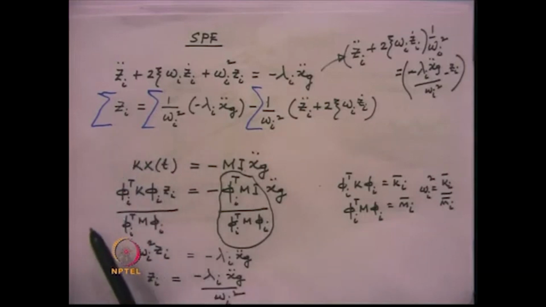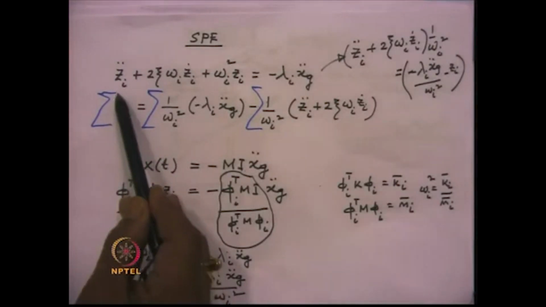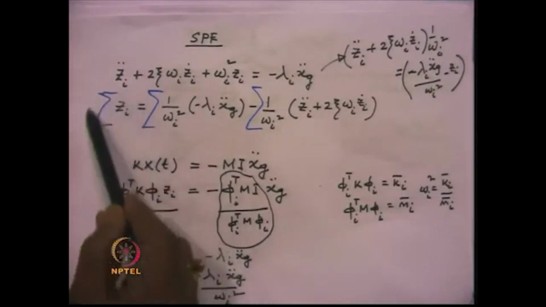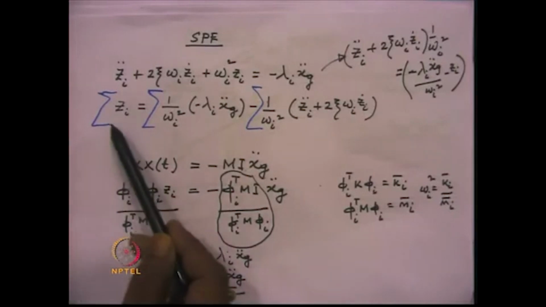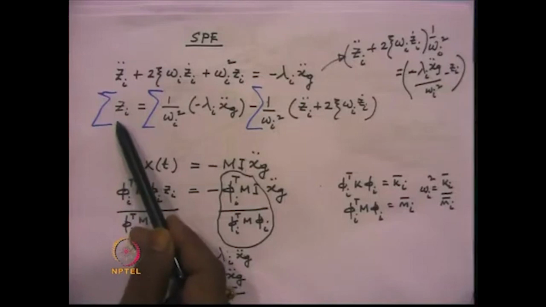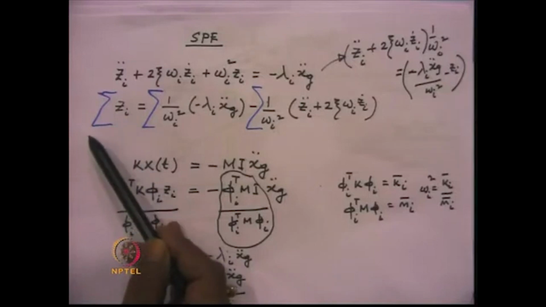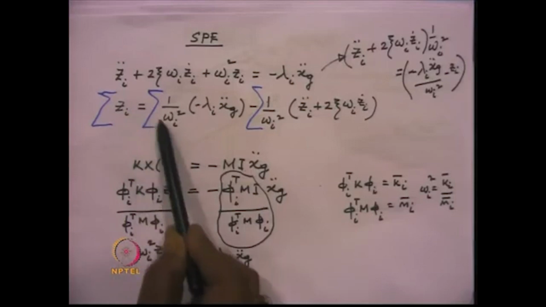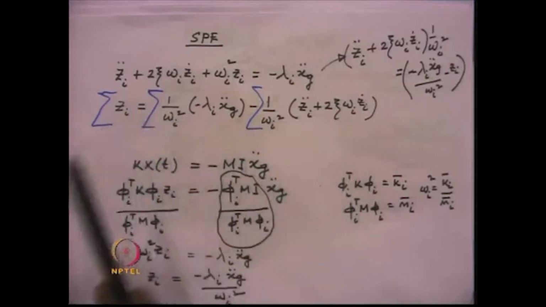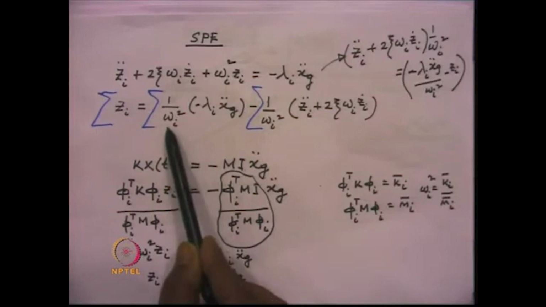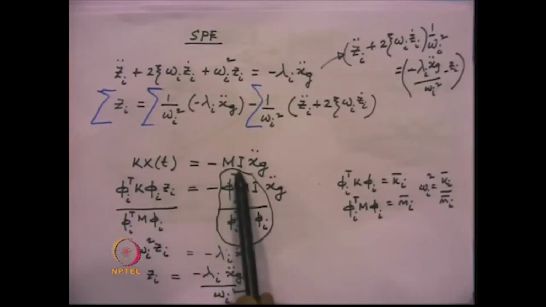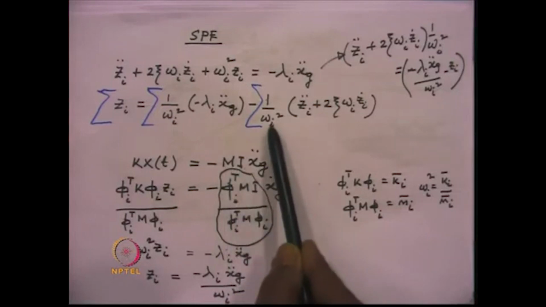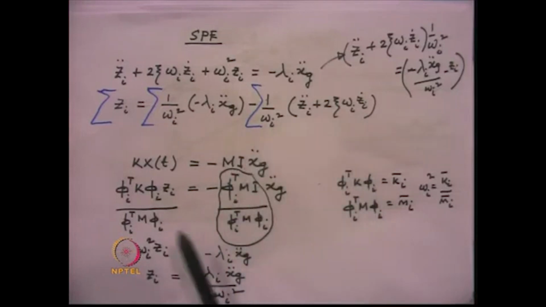So, what we say is that if we wish to find out the response of the system by adding up the contribution from different modes, then we can split this response into two parts. One is a quasi-static part, which can be obtained by solving this quasi-static equation. Another is a dynamic part.